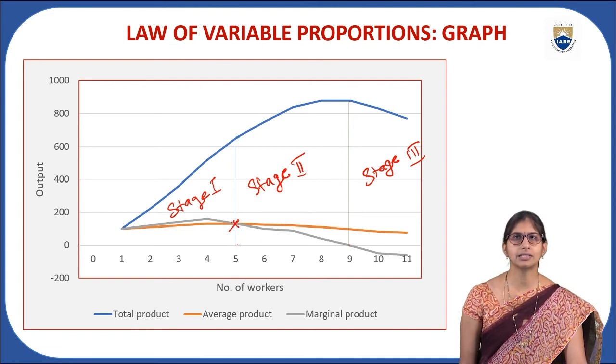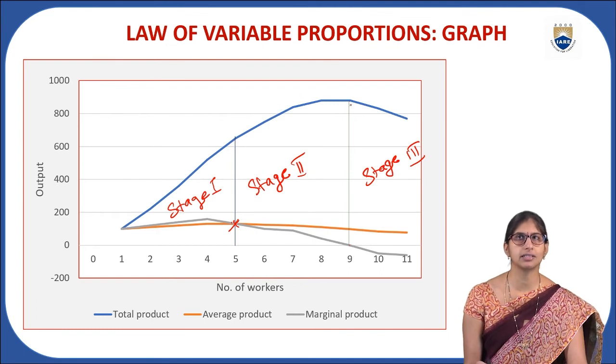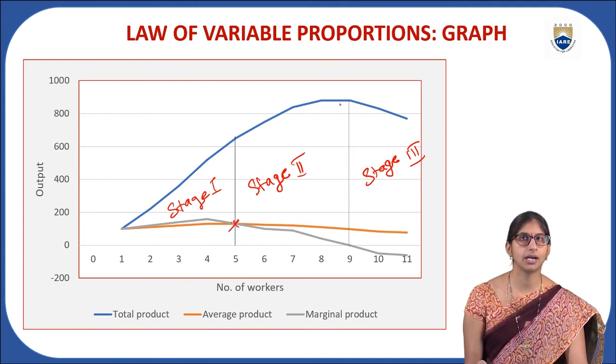In the second stage, we again added a few more workers or inputs, and the total production still increased, but not as much as in stage 1. So in stage 2, the production increases, but not at an increasing rate. In stage 1, it is increasing at an increasing rate. In stage 2, it is increasing at a decreasing rate.